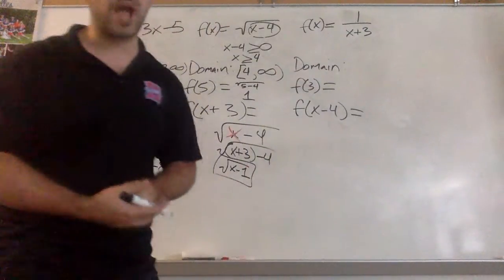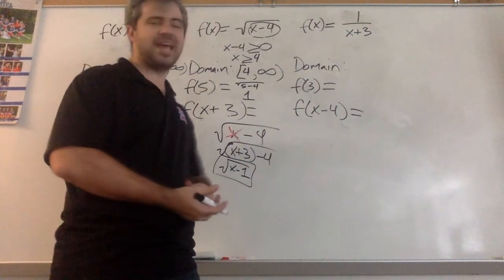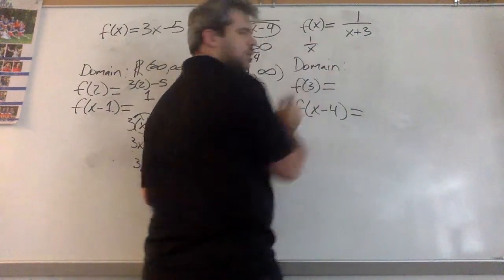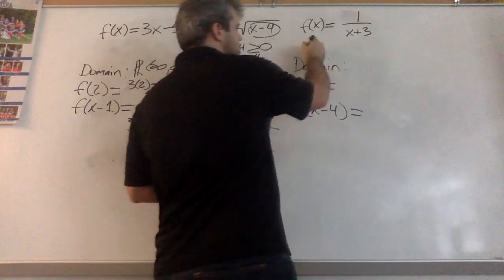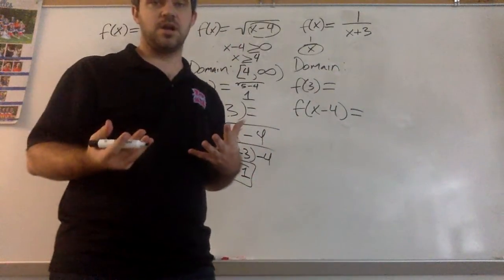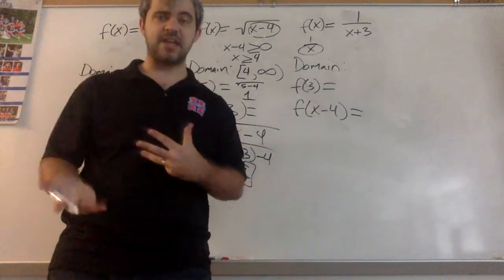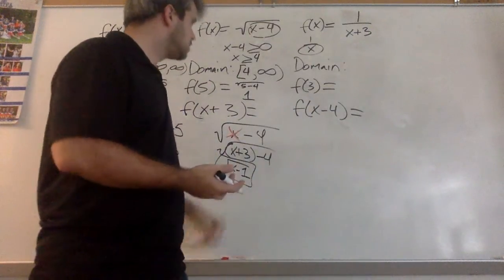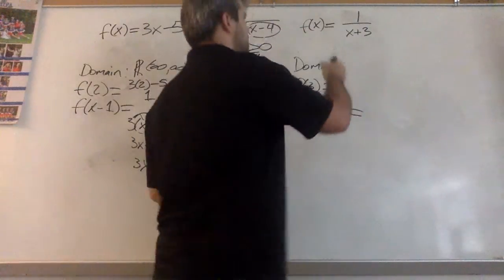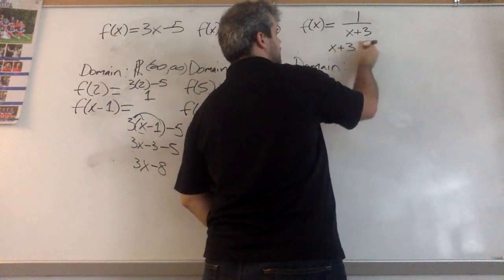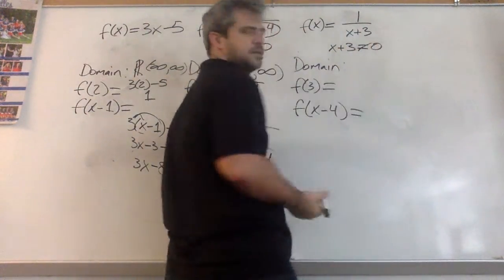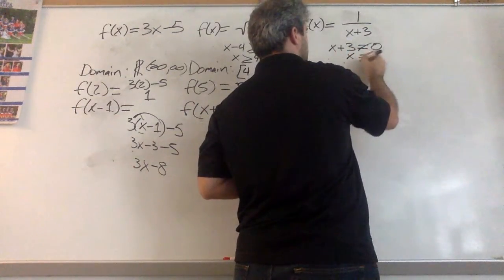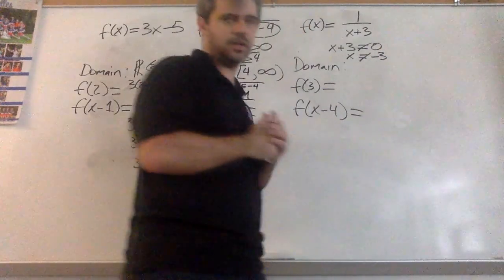This guy up here, this is a rational function. Again, our domain here, let's look at the parent function, 1 over x. So what is not allowed to be here? We have positives, we can have negatives, but we can't have 0. You cannot divide by 0. So we simply say x plus 3 can't be 0. And when we adjust this, we get x can't be -3.